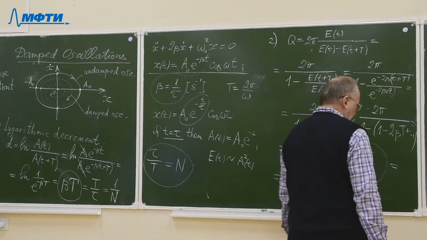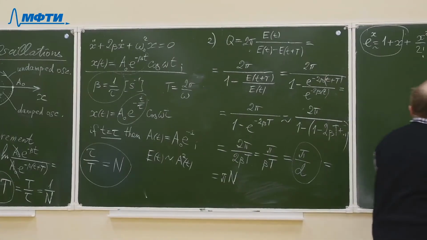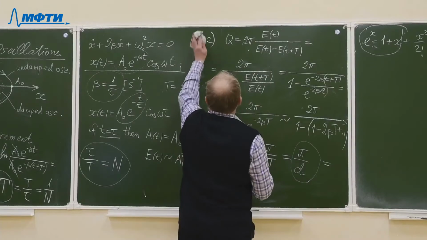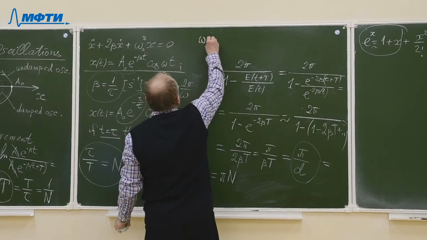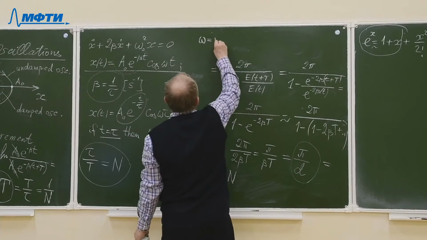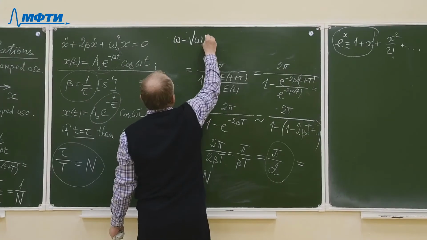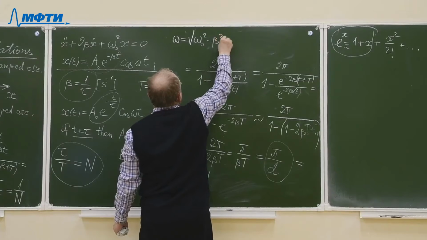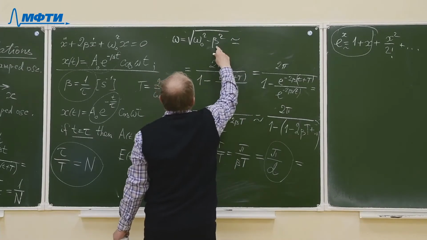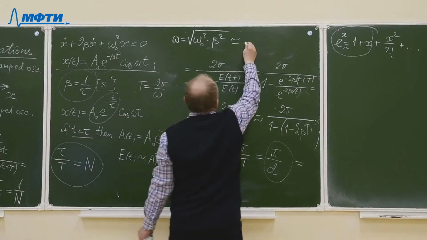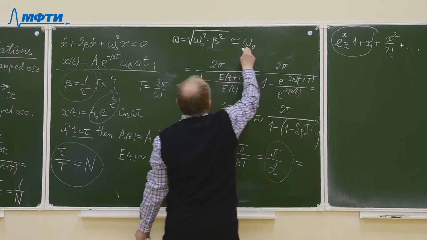So if the damping coefficient is small, then the oscillation frequency, which is equal to the square root of omega 0 squared minus beta squared, if beta squared is very small as compared to omega 0 squared, then this is very close to omega 0.